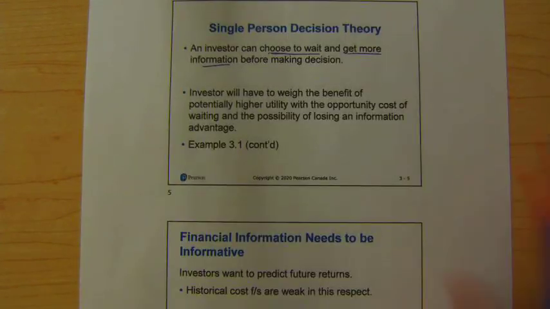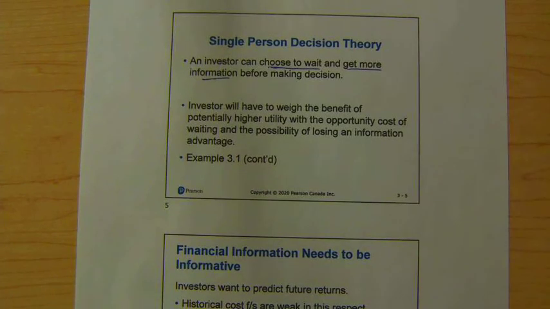Whoops, sorry. So Bill, sitting here going, well, you know what? There's the quarterly financial statements in a week. Maybe I'll wait and get more information. What can he do once he has more information? Will his probability stay the same? No, right? So that's the benefit of waiting.